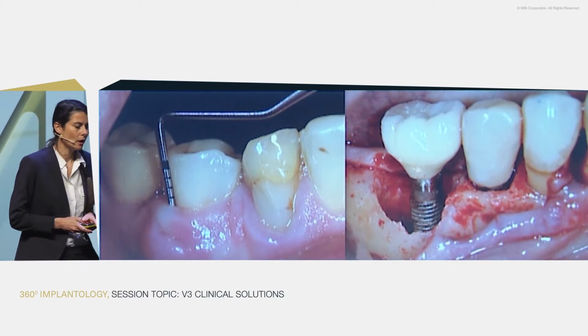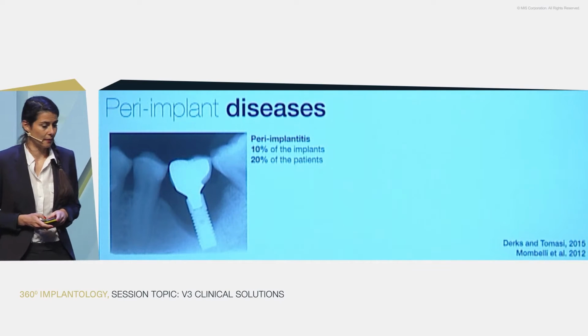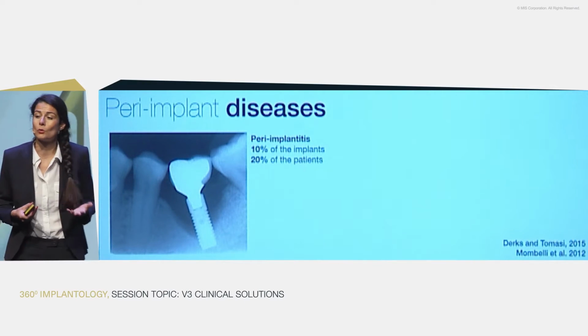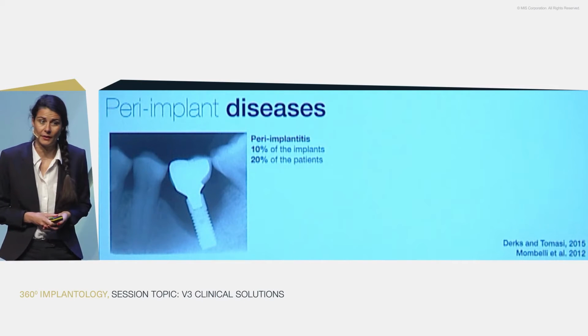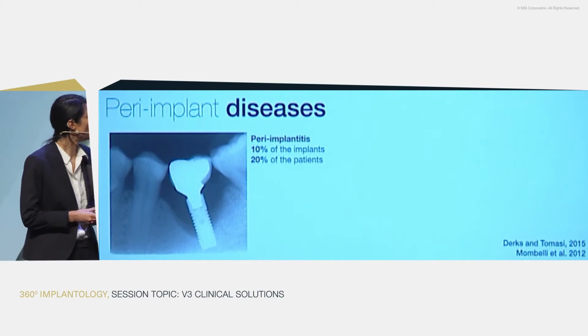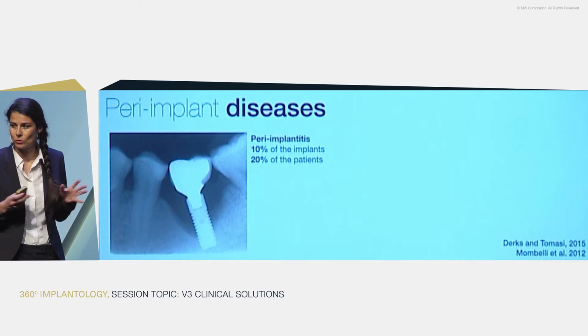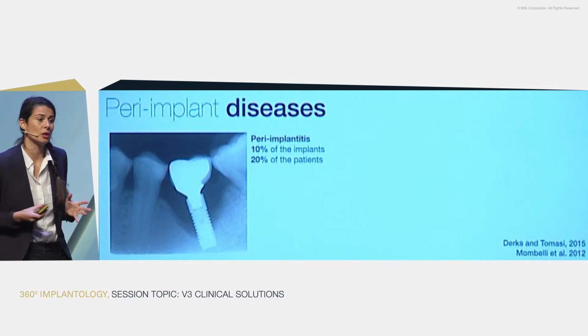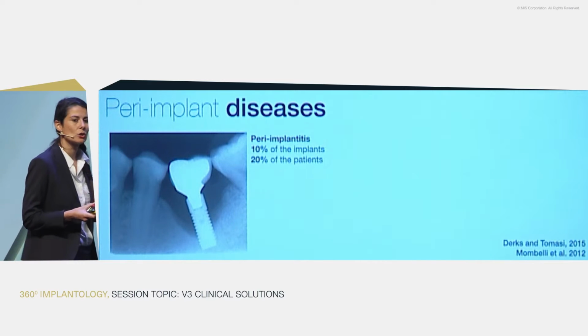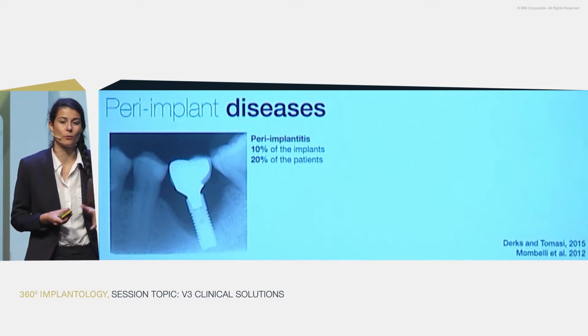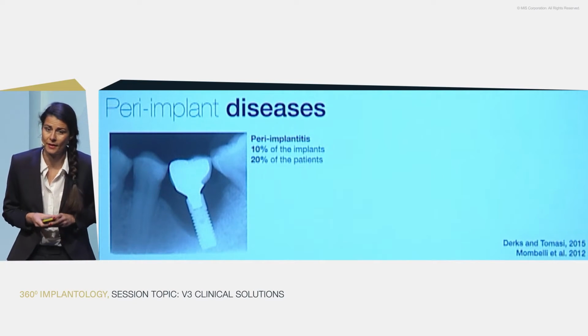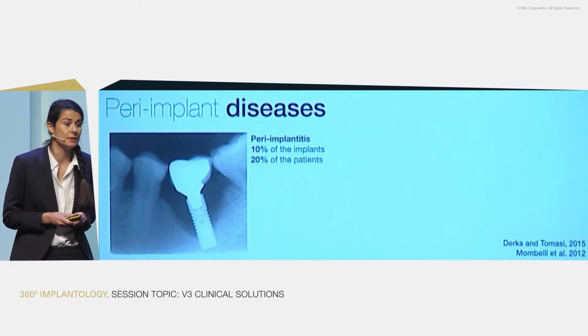So the goal of my lecture is not really to talk about how to solve peri-implantitis. I think other speakers talk about that. But maybe it's important to talk a little bit about the epidemiology. It's 1 patient out of 5, according to recent research, that is affected by this peri-implant disease.